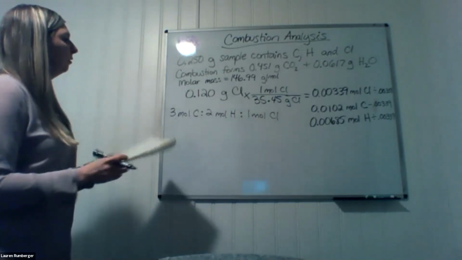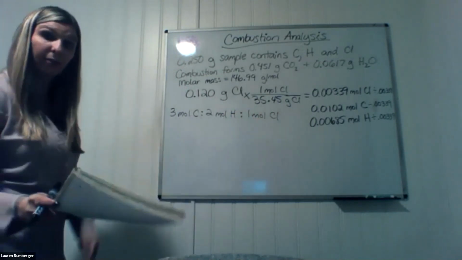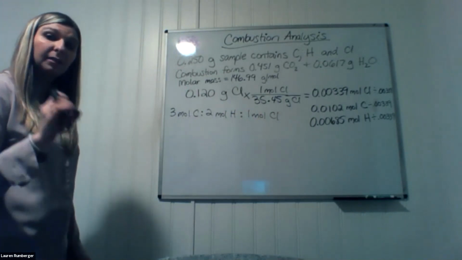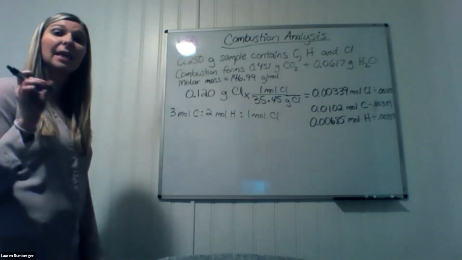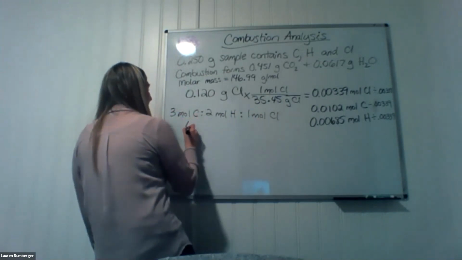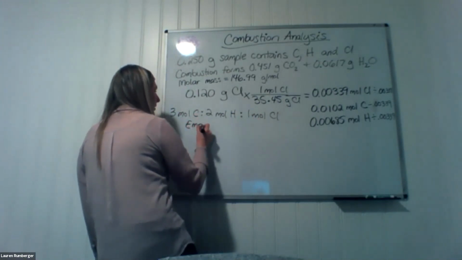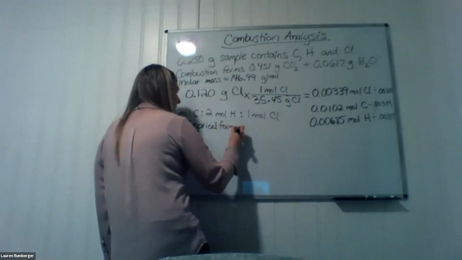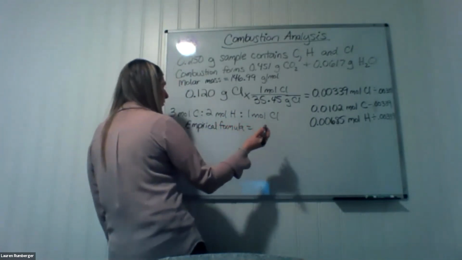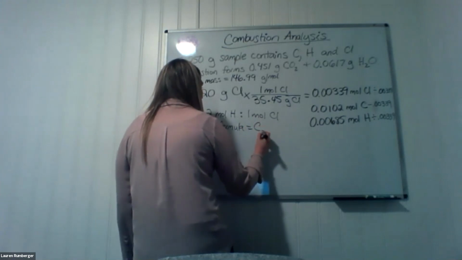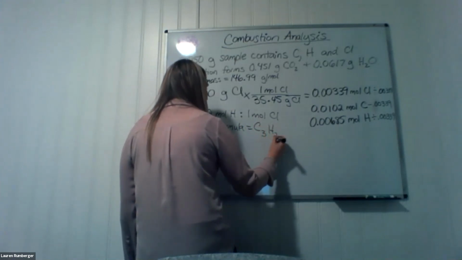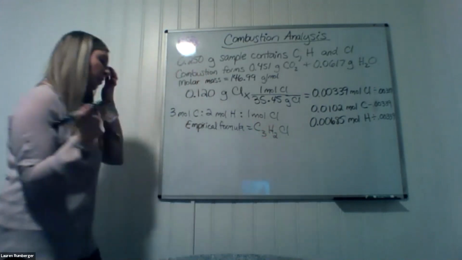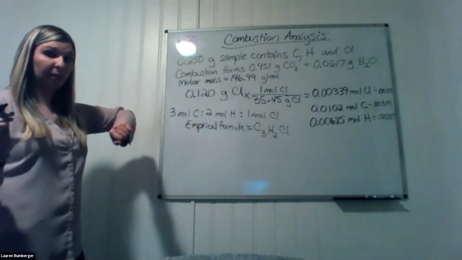So now this is going to give you your whole number ratio for the elements that make up the compound in the empirical formula. So this is the empirical formula, which is equal to C3H2Cl. Okay. So there's our empirical formula.